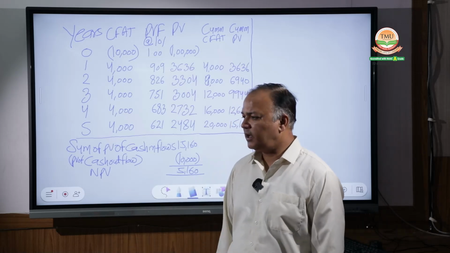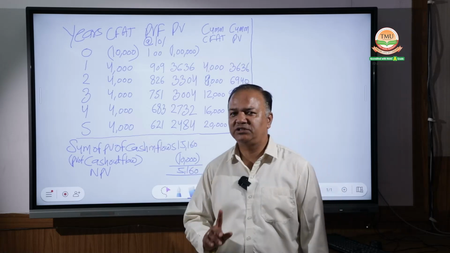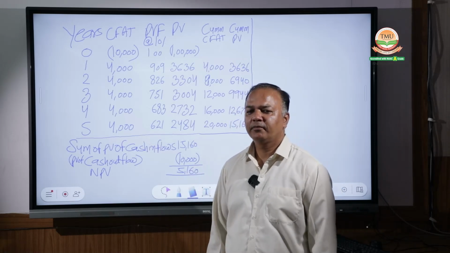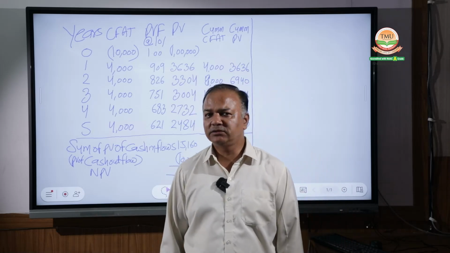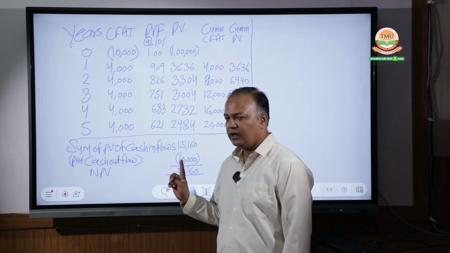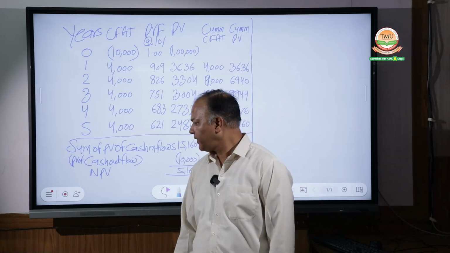First NPV I have calculated, this is 5160. Now again I need an NPV. It means I need 2 NPVs. One should be positive and another should be negative.